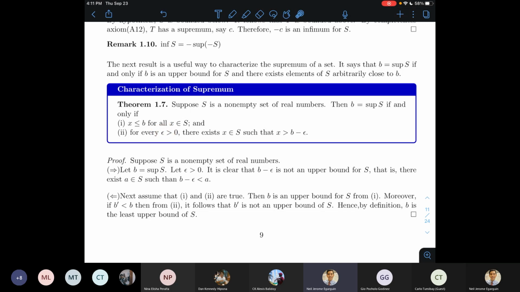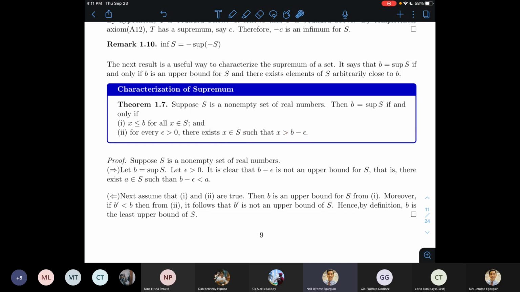And then condition number 2 says na kapag si B, which is an upper bound by virtue of condition 1, binawasan mo ng kahit katiting, binawasan mo ng kahit epsilon by some number epsilon greater than 0, however small it is, hindi na siya nagiging upper bound because there will be an element of S that is larger than B minus epsilon.